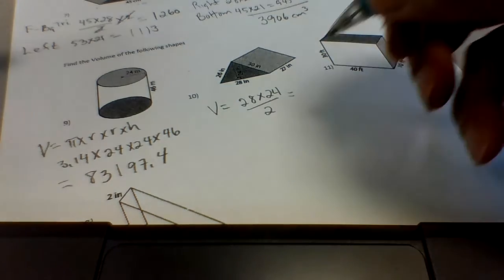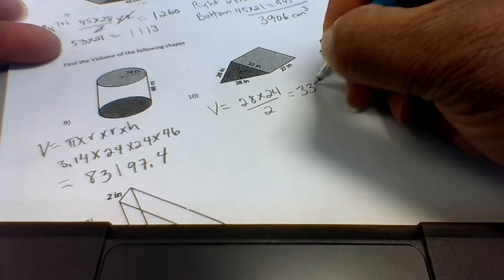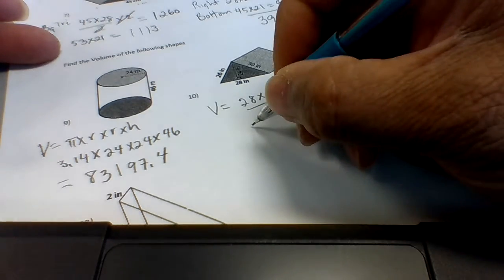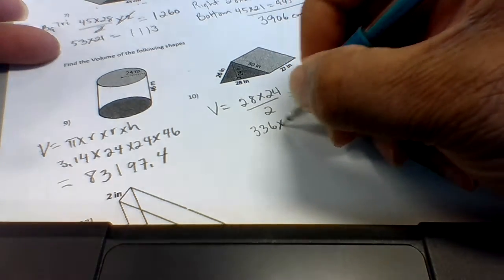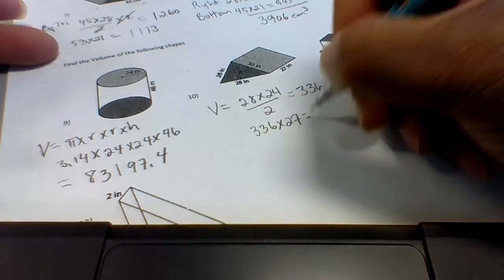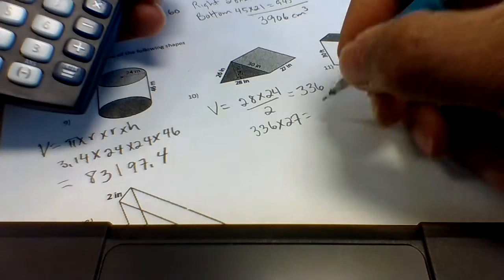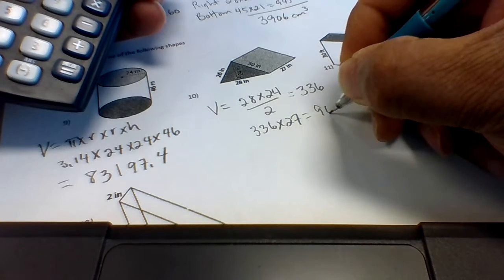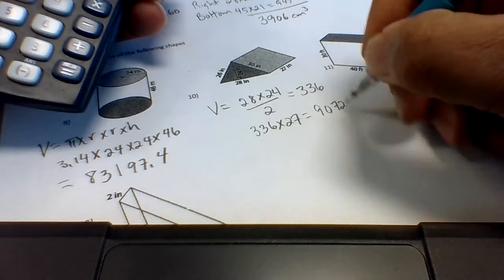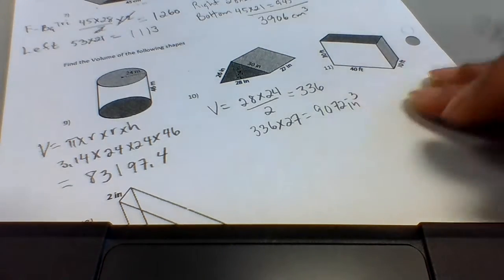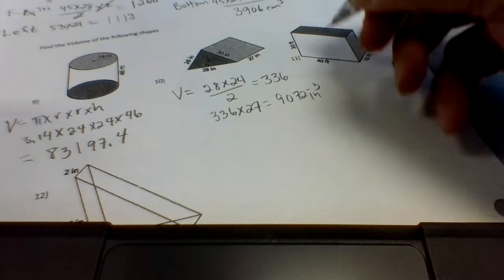It's going to give me 336. And then times the height of the shape, which is 27. It's going to give me 9,072 inches cubed.